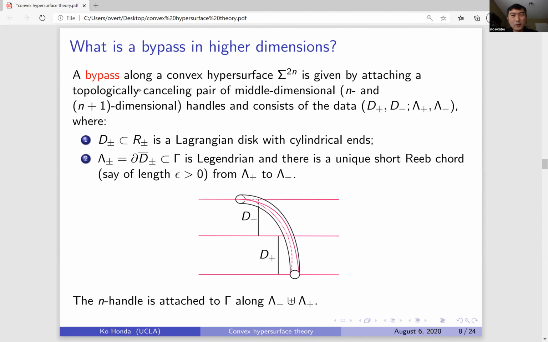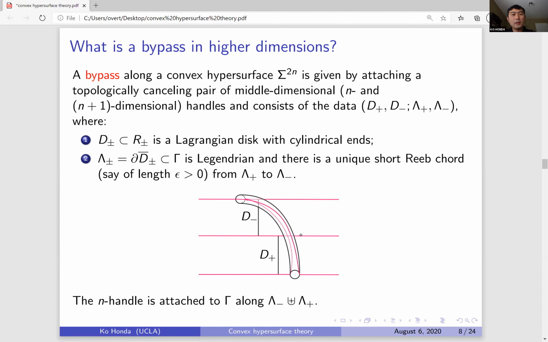So this thing here is supposed to be an n handle, and then you're now attaching a canceling disk, which is an n plus 1 handle. So in dimension 3, you attach a 1 handle and a canceling 2 handle.